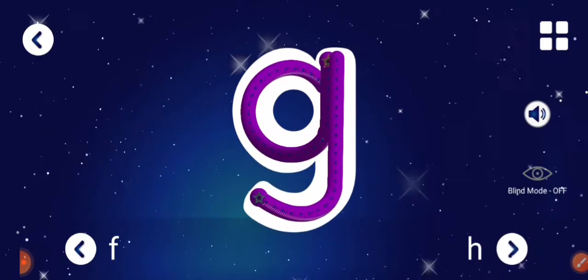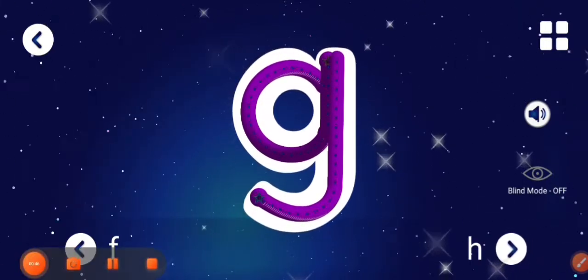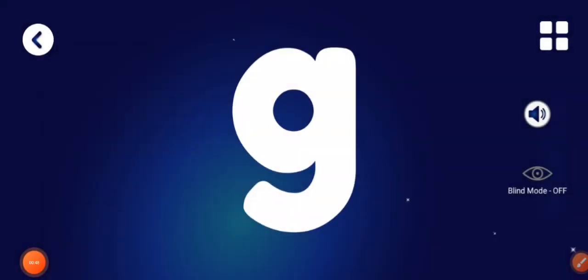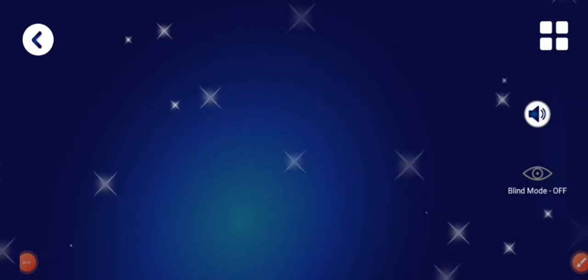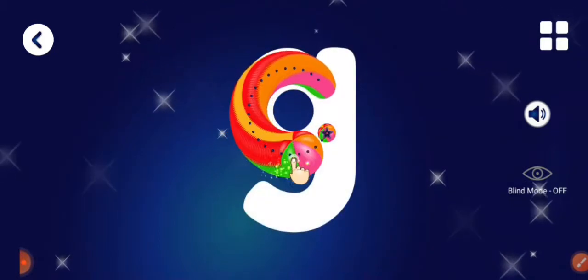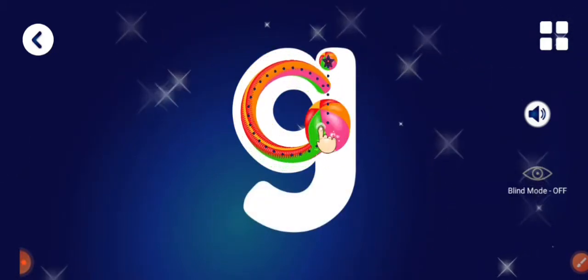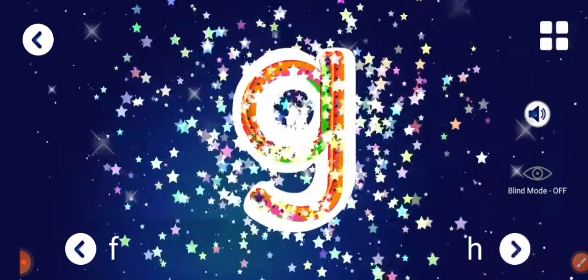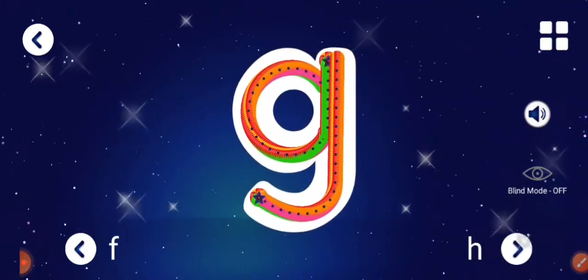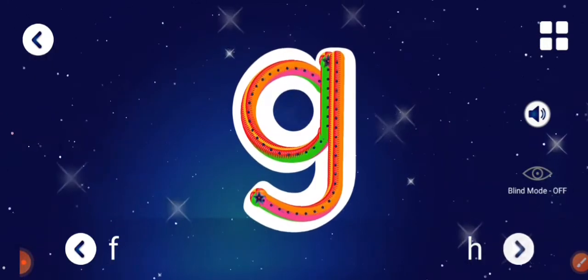G. Which letter is it? G letter. Once again. How to write it? Let's see once again. Half curve, half curve, down. G. So like this you have to practice G letter.